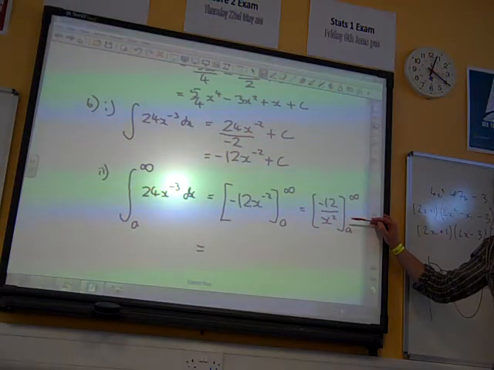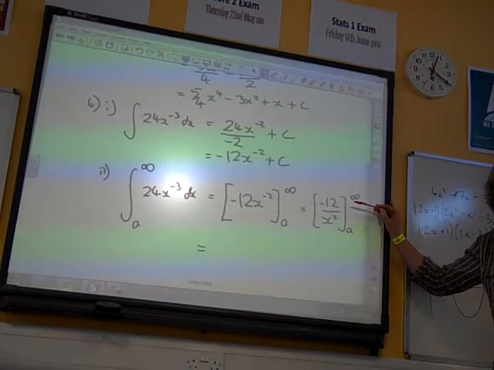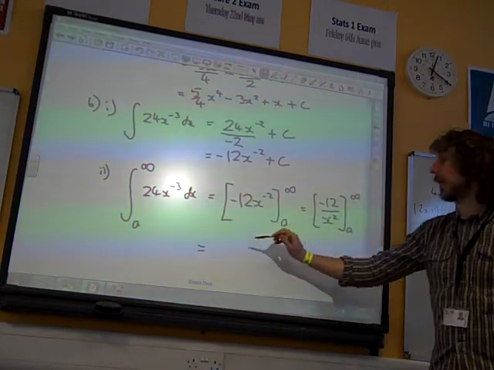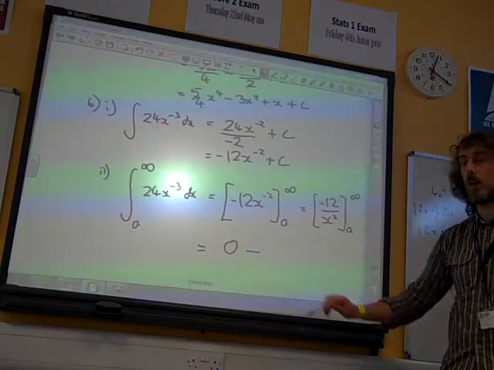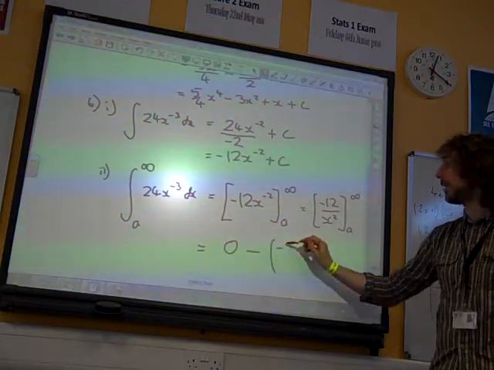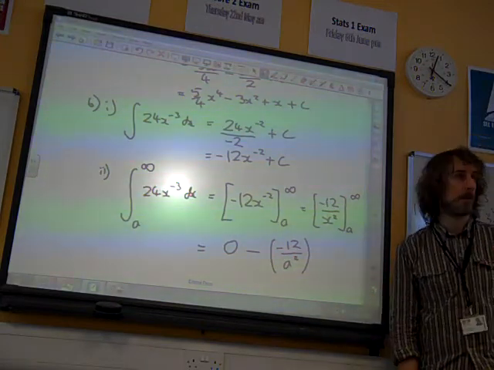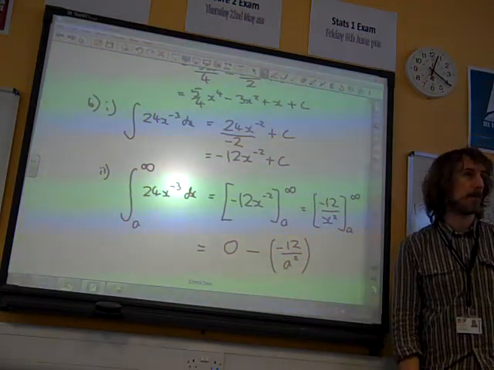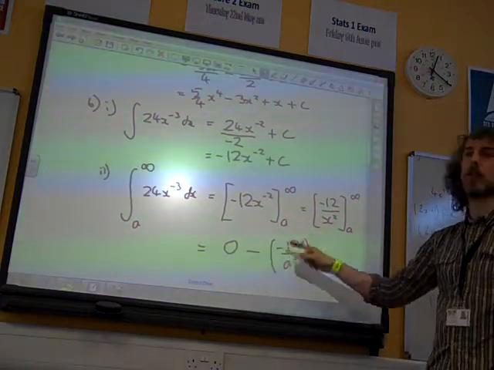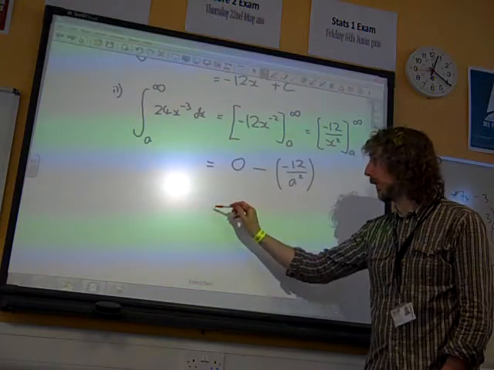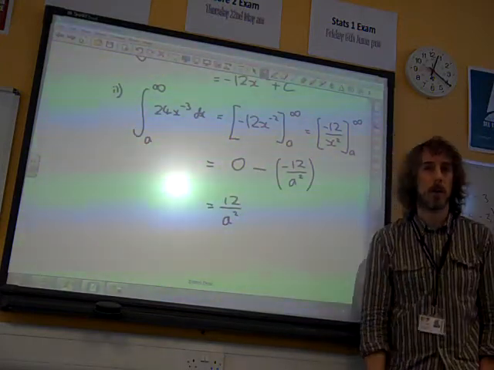It's 0 in effect. So the upper limit gives us 0. We're taking away what we get if we sub in a. So this is 0 minus 12 over a squared. In other words, it's 12 over a squared.